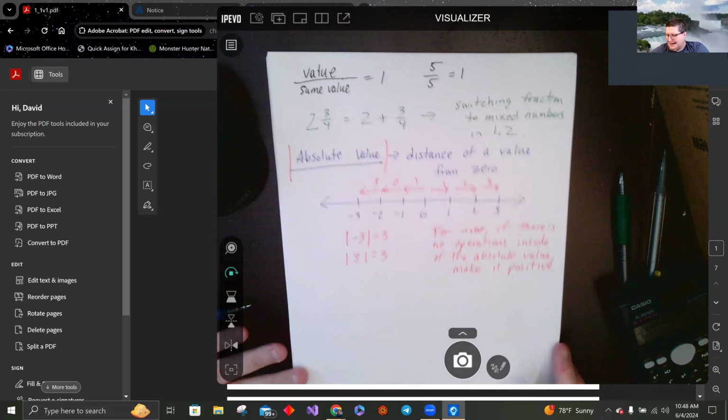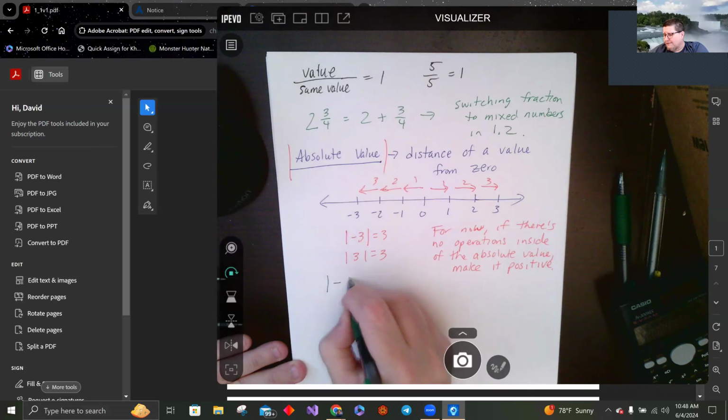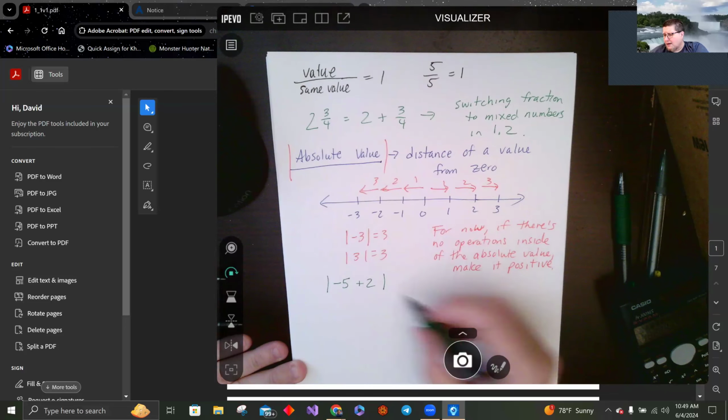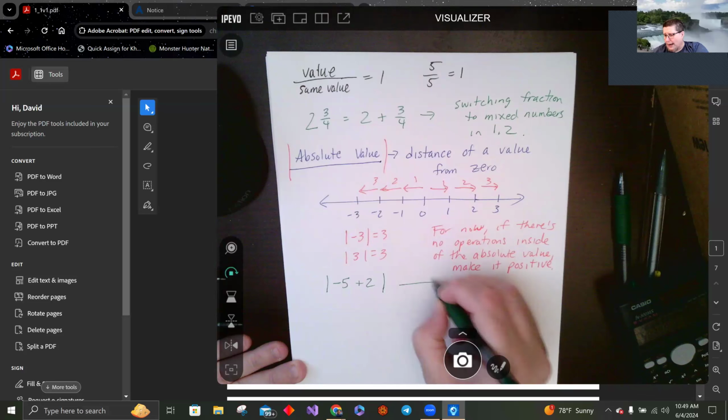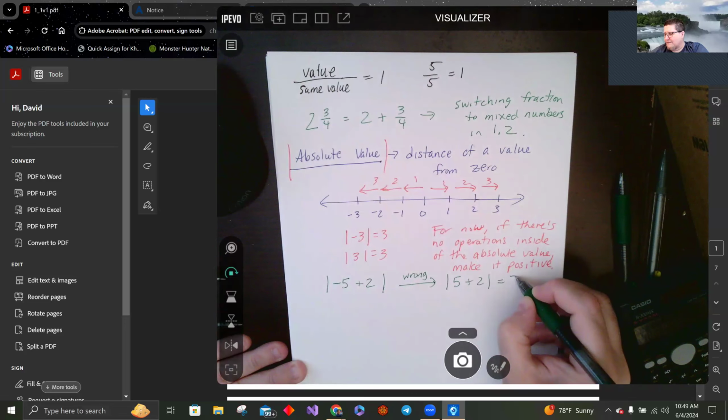What I mean by that is if I have -5 plus 2, the wrong way is to just make them positive right now, and I would get absolute value of 7, which is 7.